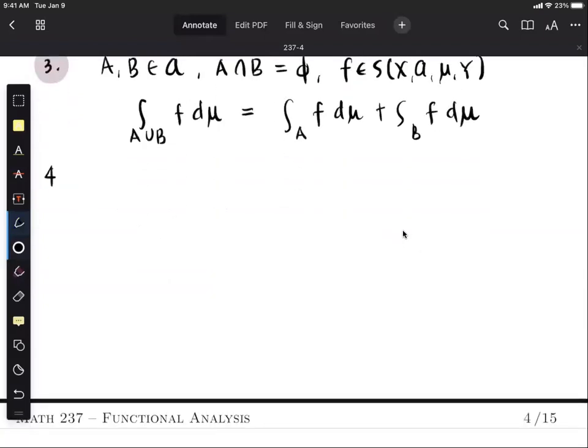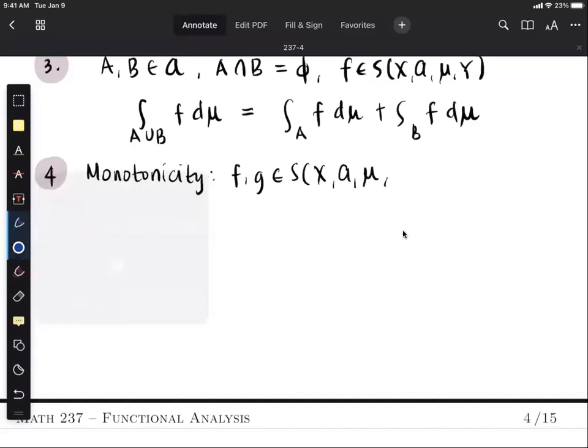Next, we have monotonicity. So suppose I have two simple functions f and g with values in R. Let us emphasize that one.